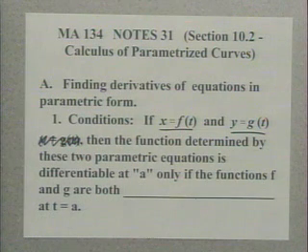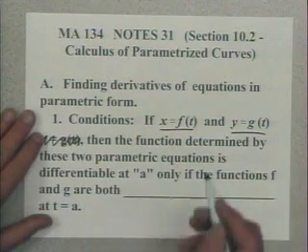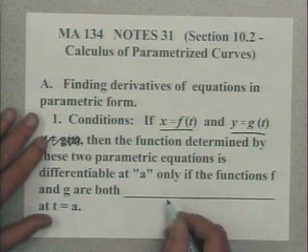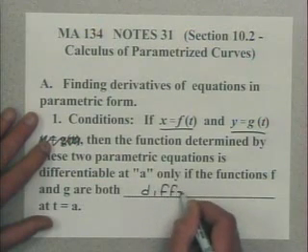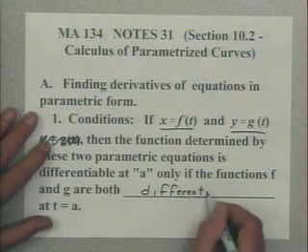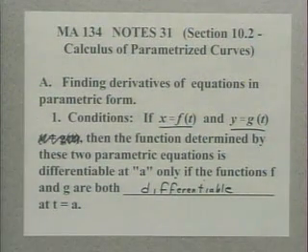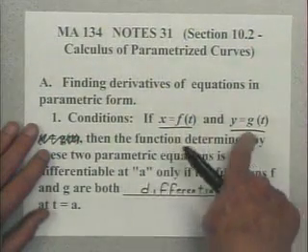Then the function determined by these 2 parametric equations is said to be differentiable at a only if both of the functions f and g are differentiable. So we say the parametric equations are only differentiable at some t equals a if both pieces are. So if you can do one but not the other, then you can't get a derivative. But that's probably pretty obvious.